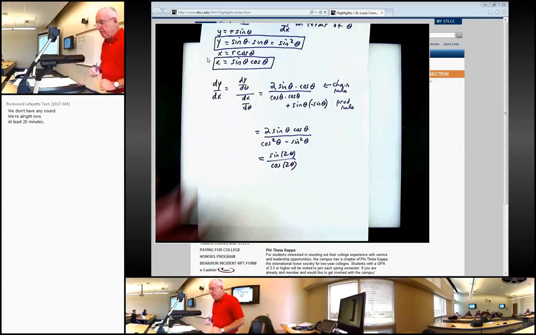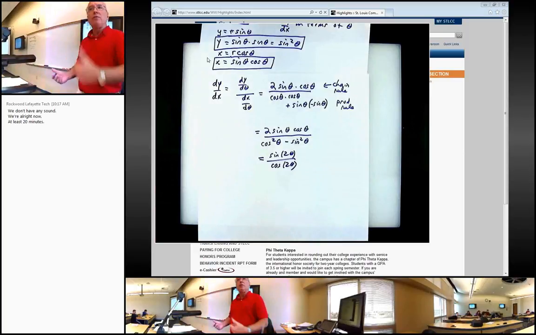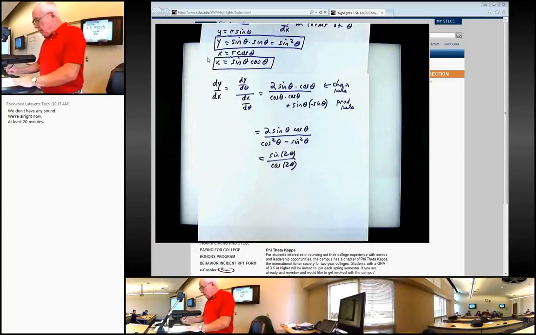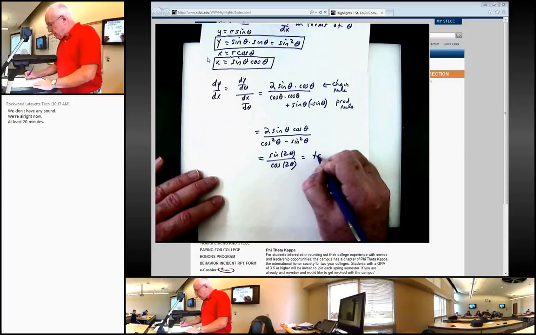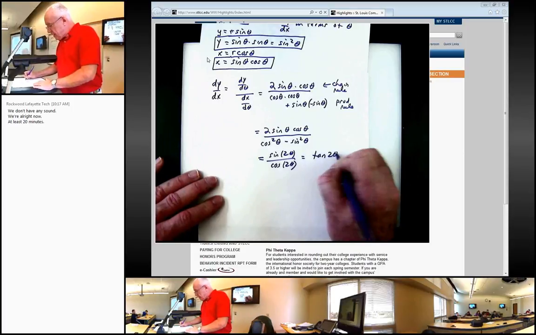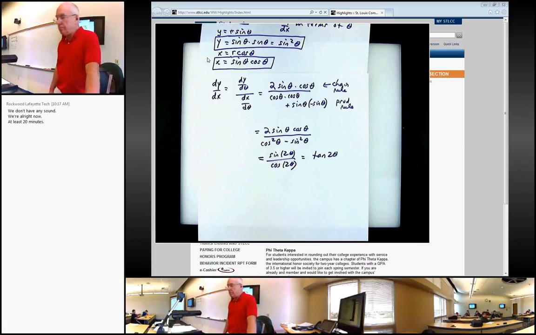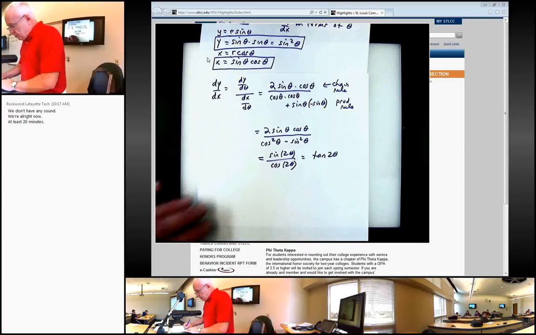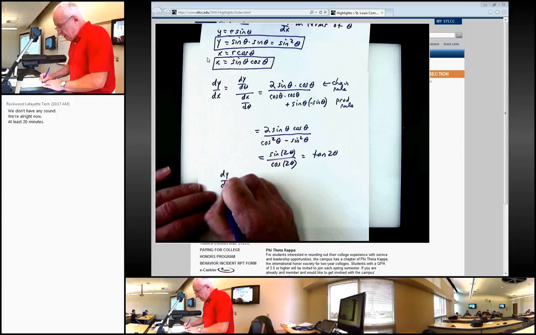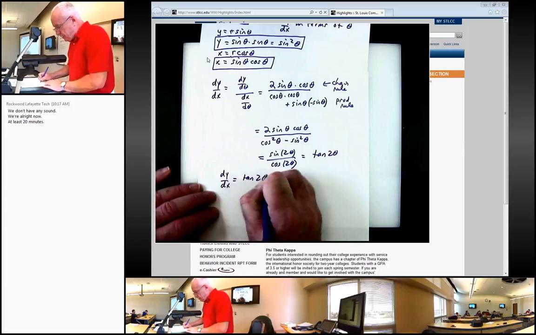And then we have sine over cosine of the same angle. Sine over cosine is the tangent, at the angle of 2 theta. So that can be simplified very nicely. We end up at dy dx equals the tangent of 2 theta.